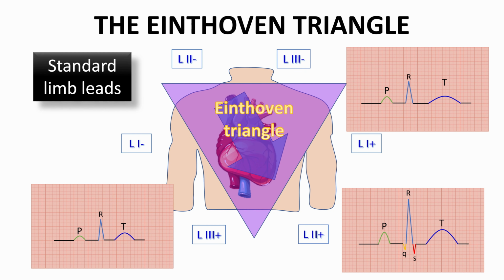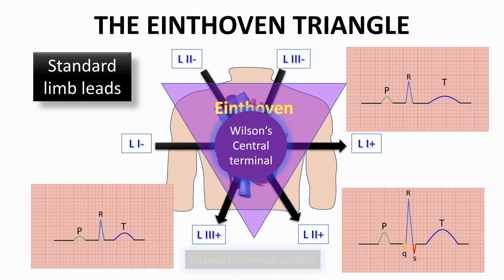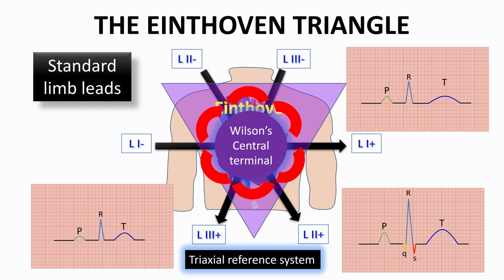To facilitate the graphic representation of the electrical forces, the three limb leads of the Einthoven triangle can be redrawn in such a manner that the three leads they represent bisect each other and pass through a common central point. This presents a triaxial reference system with each axis separated by 60 degrees from the other, the lead polarity, positive or negative, and direction remaining the same.